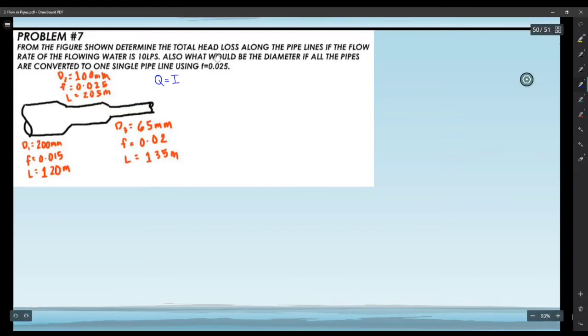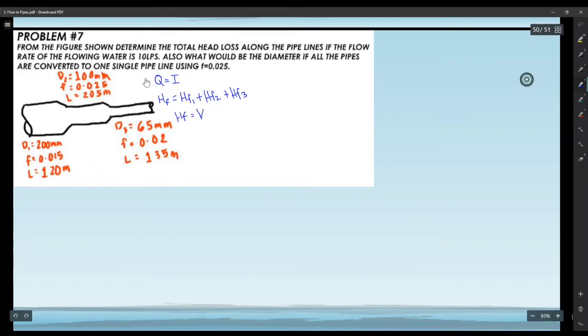And your head loss here, the total head loss HF, or if there is minor head loss included, is equal to the sum of the head loss in section 1 plus the head loss in section 2 and the head loss in section 3. So, the counterpart of this in circuits is the voltage. So, HF is equivalent to voltage.